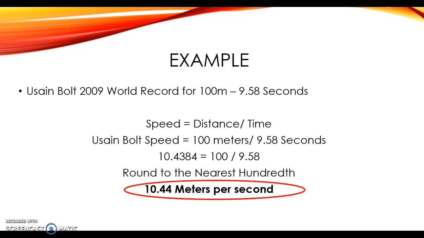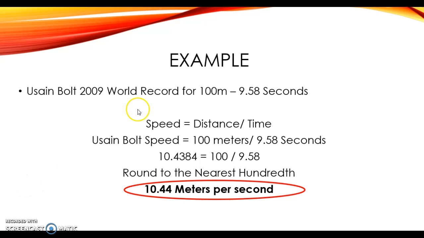The video that I showed you showed him running that distance in 9.58 seconds. Now, if we were to apply that information and we wanted to calculate his actual speed, his meters per second, so how many meters is he running in 1 second?